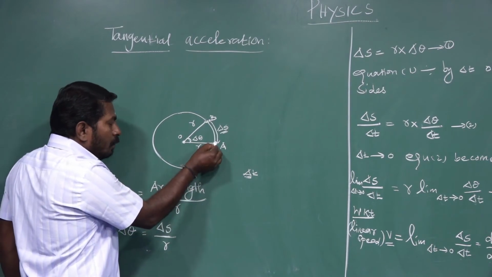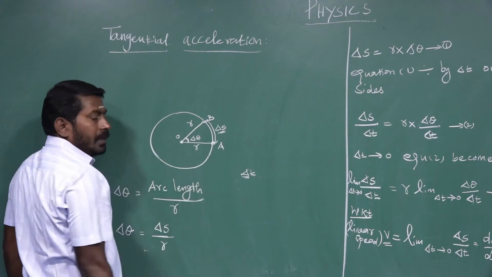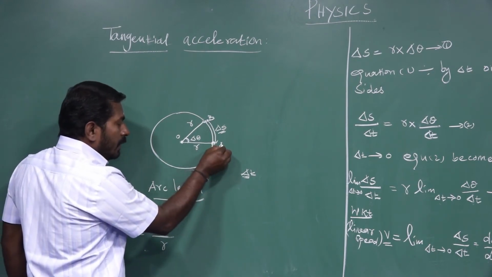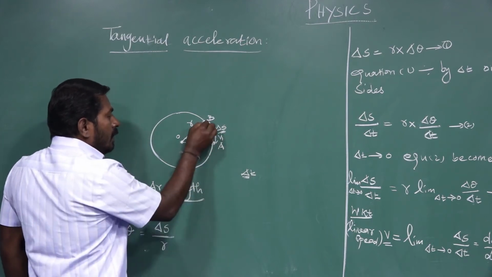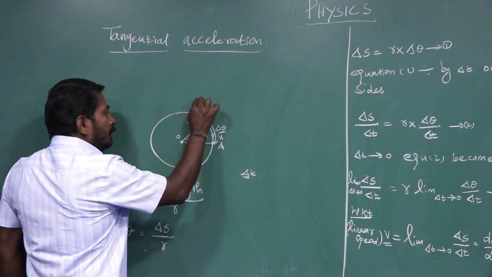But in a circular motion, if a particle moves from point A to point B, velocity of the particle at point A is v1. Velocity of the particle at point B is v2.